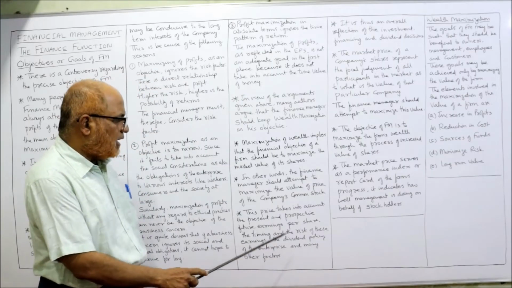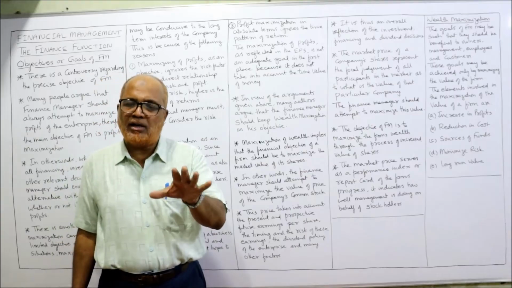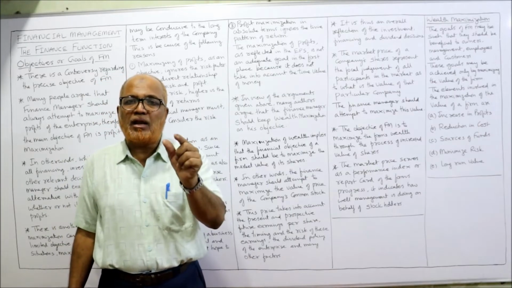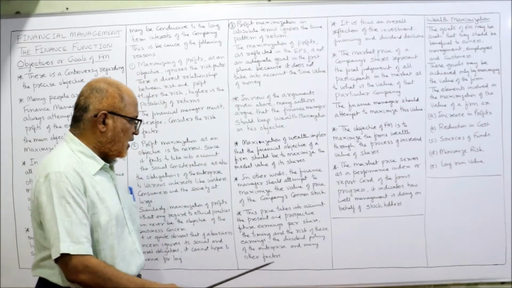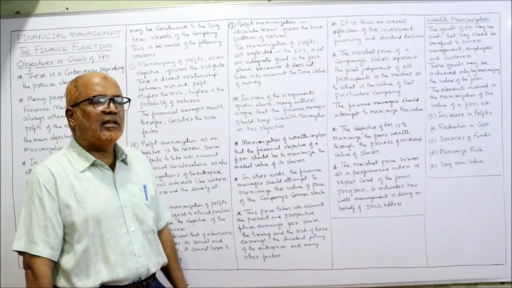And also the timing and the risk of these earnings. Not only does it take into account the earnings, but the market price also takes into account the risk factor of earnings, the time pattern of earnings, apart from that the dividend policy of the enterprise and many other factors.